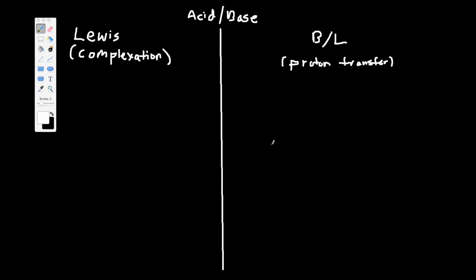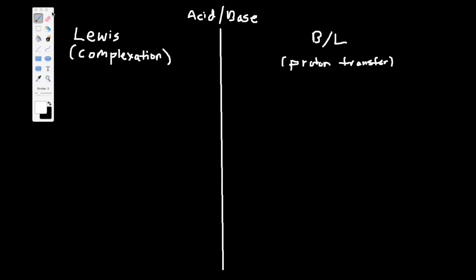Okay, so let's start with Lewis, because this is by far the most simple reaction in organic chemistry. So in Lewis complexation, our acid is an acceptor of electrons and our base is the donor of electrons. So let's look at boron.